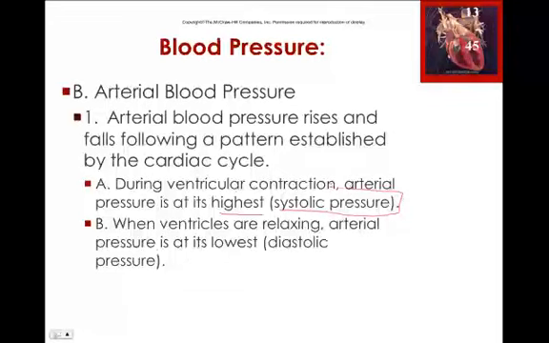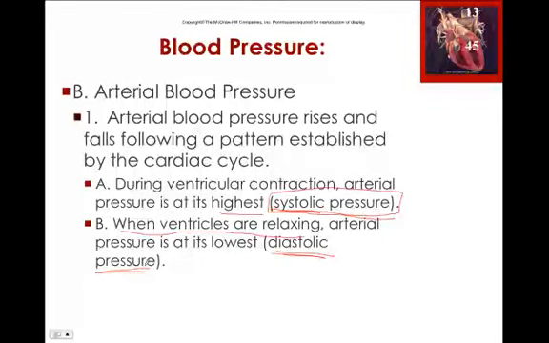Then when the ventricles are relaxing, and remember that for a brief moment the ventricles and the atria are both relaxed, most importantly, when the ventricles are relaxed, the arterial pressure is going to be at its lowest. And this is our diastolic pressure, our resting pressure.